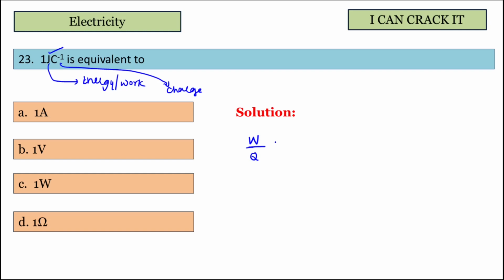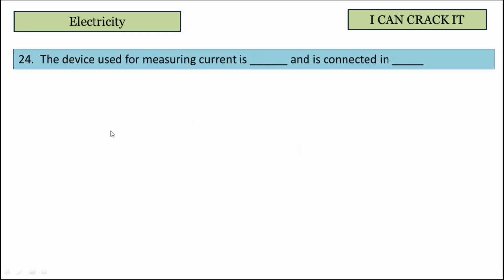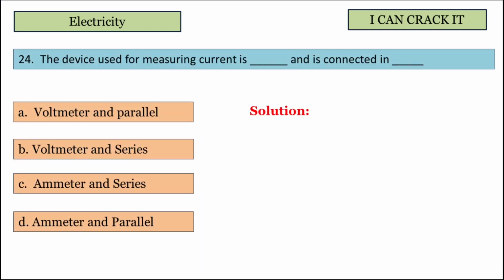What is W by Q? W by Q is nothing but V. Potential difference is the amount of work done divided by charge. So V is potential difference. What is its SI unit? Its SI unit is volt. So 1 joule per coulomb is the same as option B, 1 volt. Right. Let's see the 24th question now.